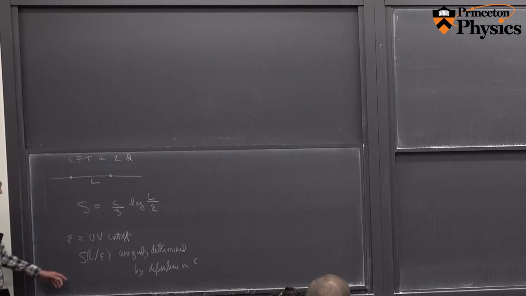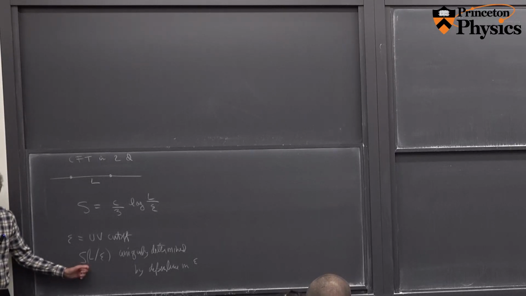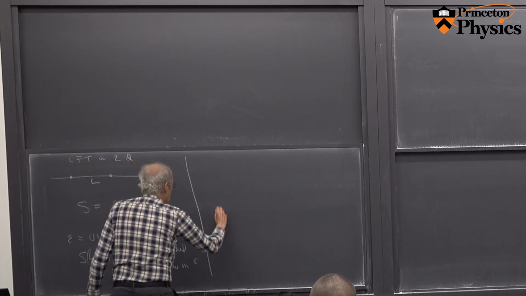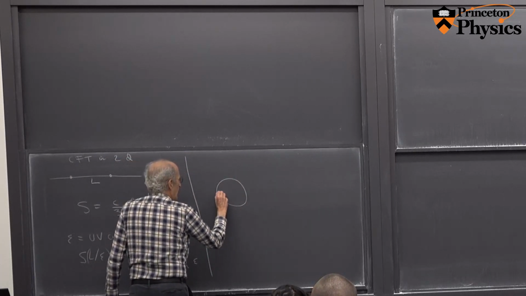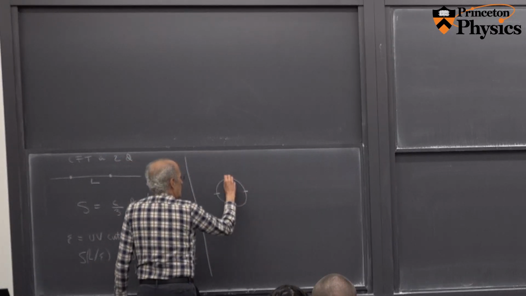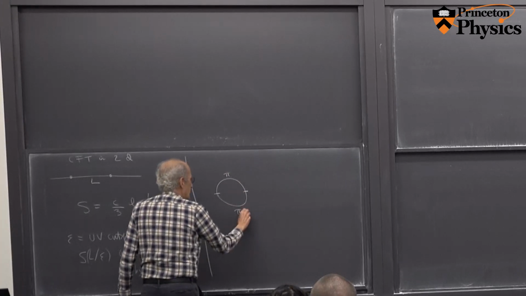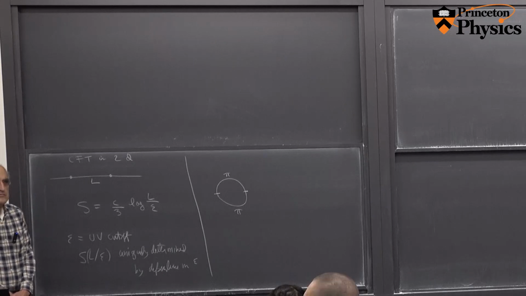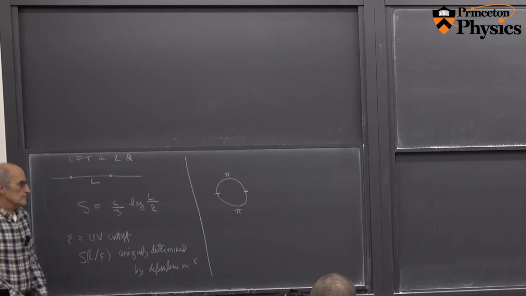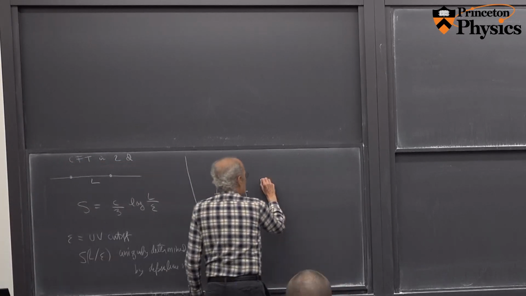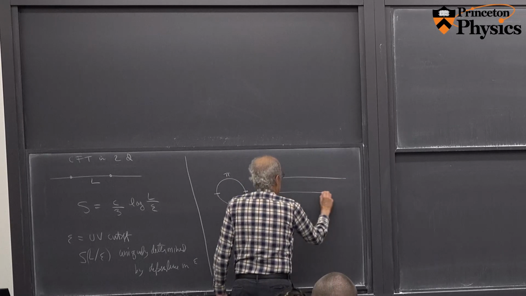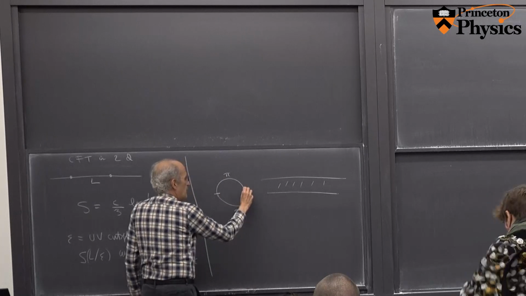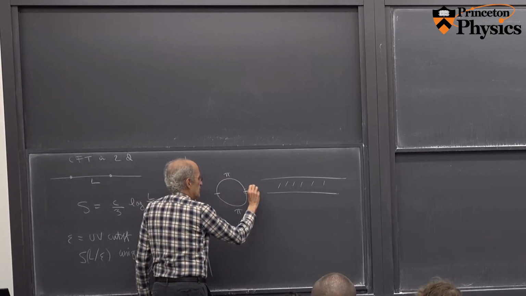Just because on dimensional grounds it's a function only of the dimensionless ratio L over epsilon. Last time there was no L, there was only epsilon. We took a circle of circumference 2 pi, divided it into 2 equal parts, then conformally mapped it to an infinite strip, and put in a short distance cutoff epsilon.